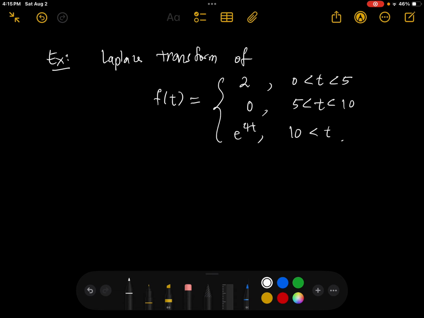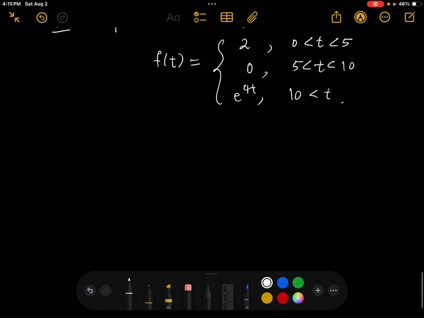So again, we have to use the definition of the Laplace transform. So let's set it up. It's the integral from 0 to infinity of e to the minus st f of t dt. Now your f of t is going to depend on what t is. So it's a good idea to break this up into 3 different pieces based on these intervals.